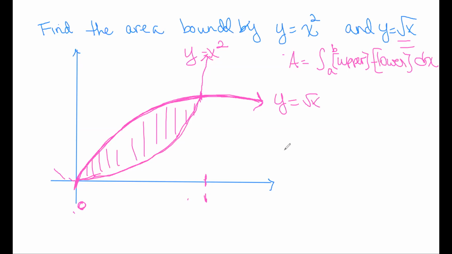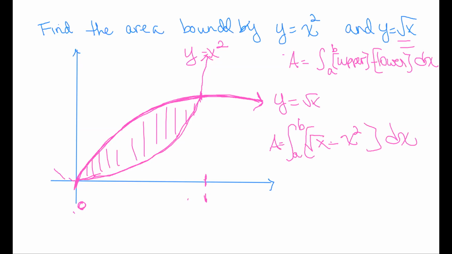So that means it's going to be the area, it's going to be the integral from a to b of the square root of x, because that's the upper one, minus x squared dx.